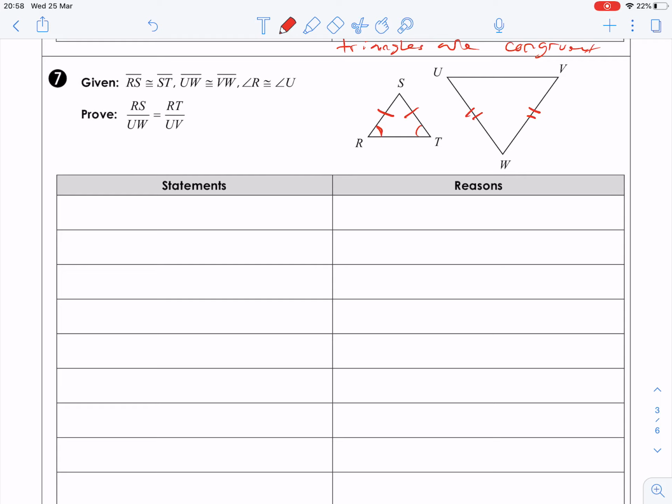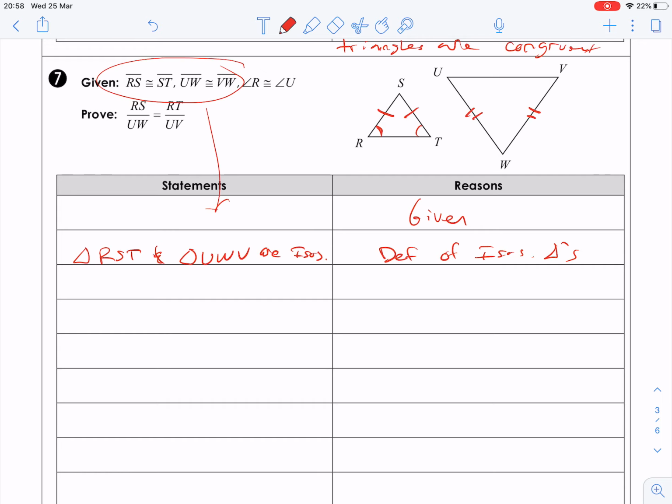All right, put that here. That's a given. Therefore, triangles RST and UWV are isosceles based on the definition of isosceles triangles.